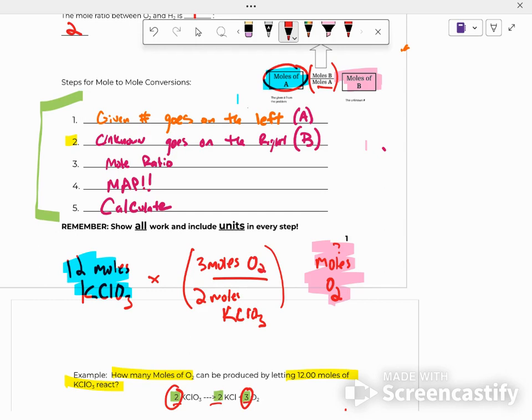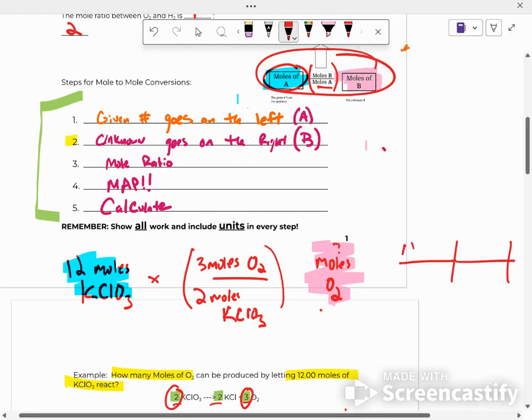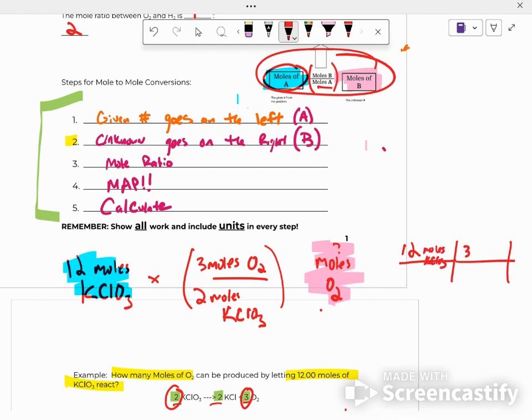You can set that up using brackets, or if you're in a Lentis class, you use this train track: 12 moles of KClO3 times 3 moles of O2 over 2 moles of KClO3.